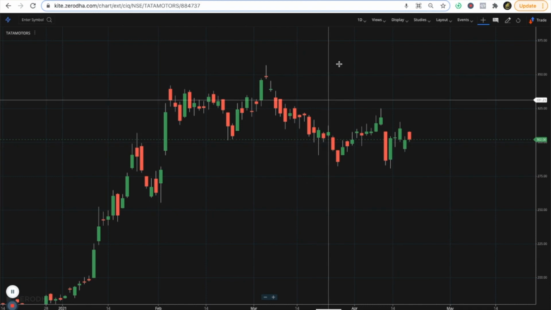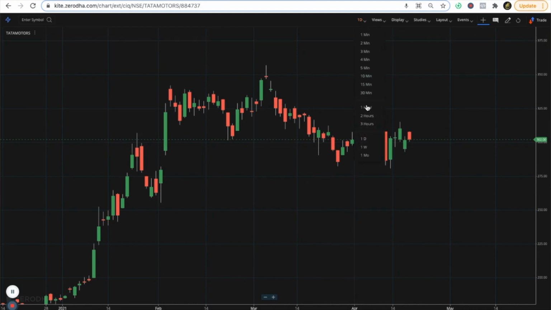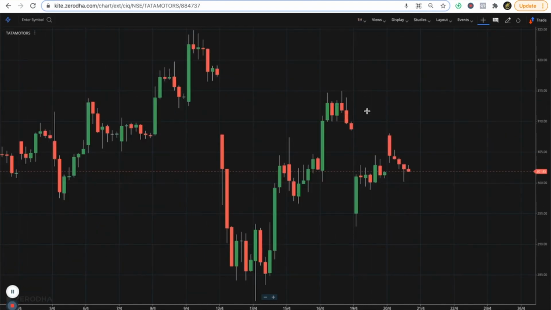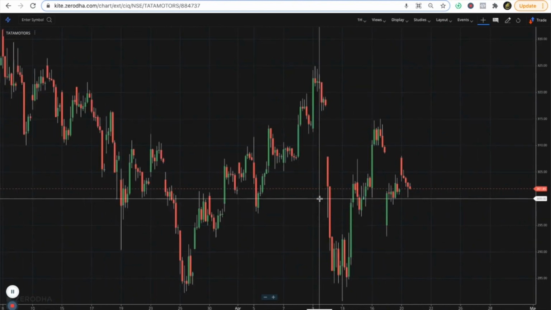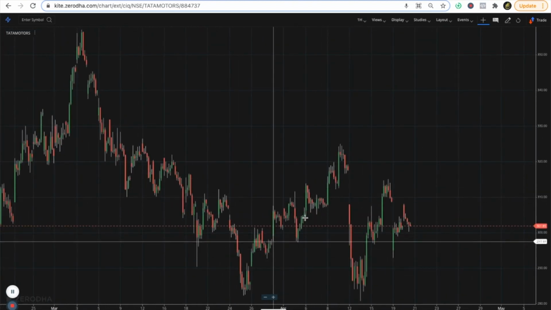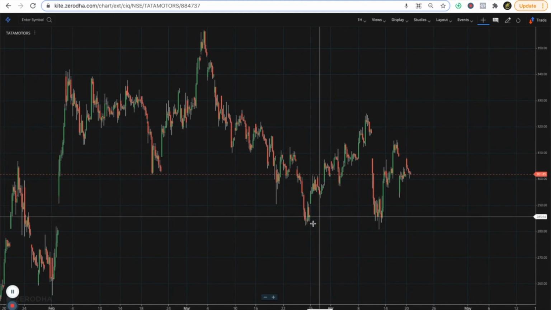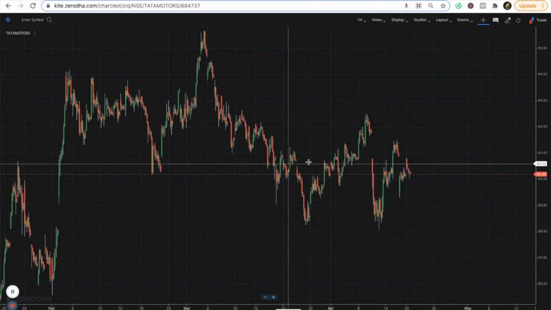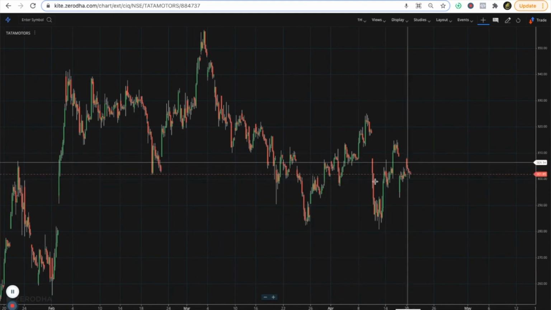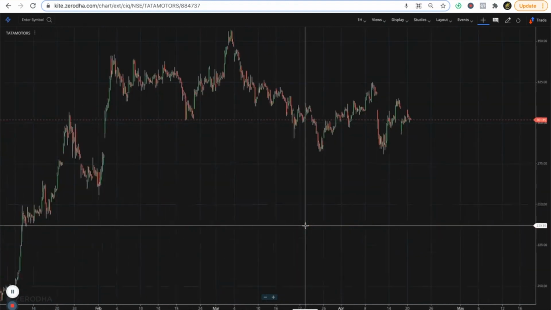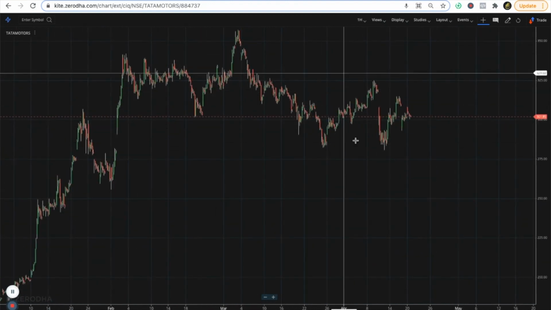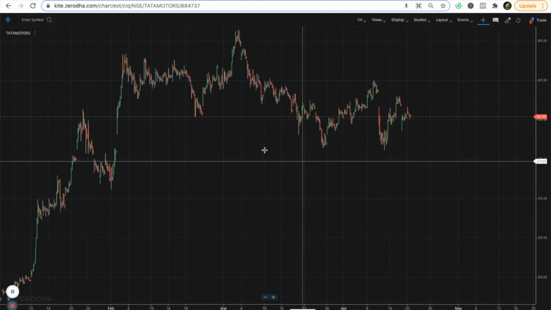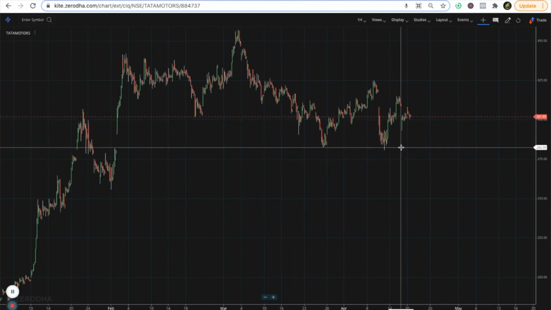Let me get into the 1 hour time frame and see if something specific can be understood. The 1 hour time frame is also looking pretty confused. I really don't see any significant trend. One day it is picking up, the other day it is falling down. We really don't see any clear trend over here.